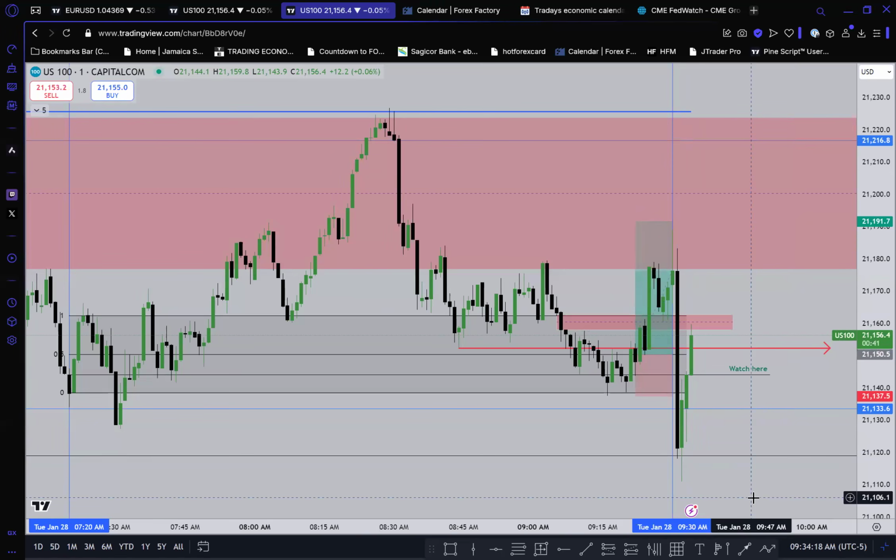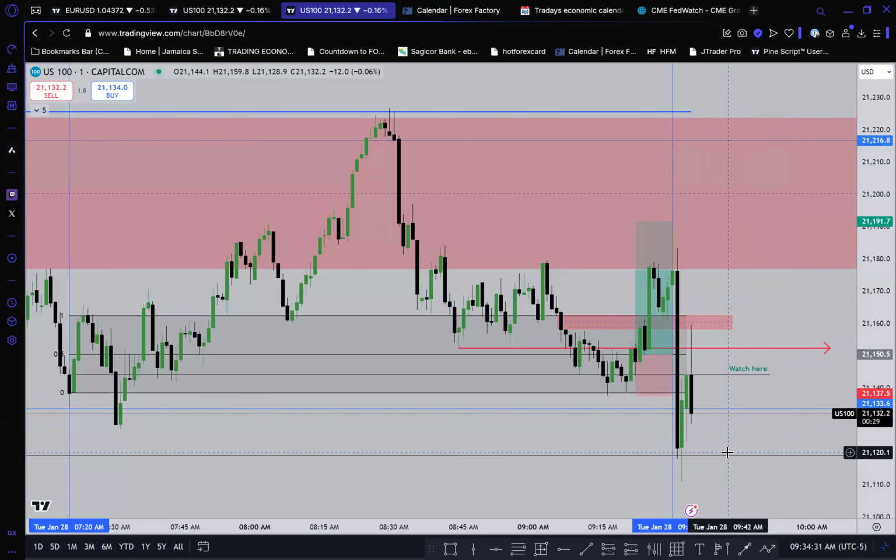Where should I consider an entry in this again? I don't see anything here that supports bullishness, because even though this candle closed exactly at the level, it's not a down candle, so I can't say this is the order block.